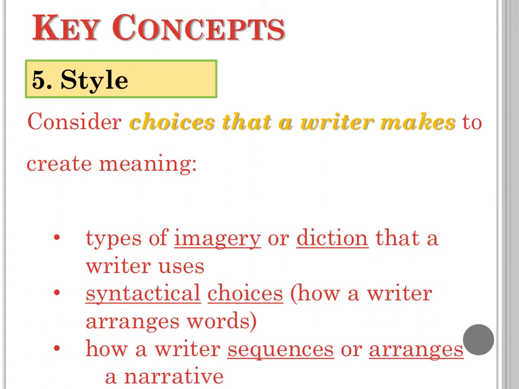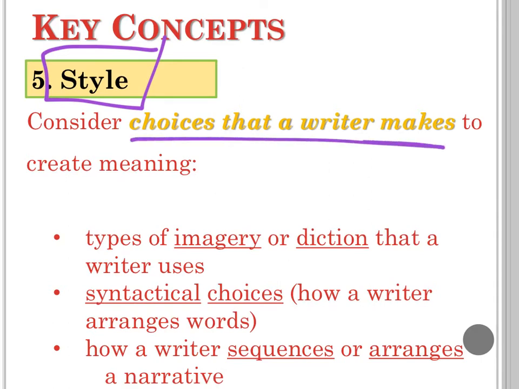A more sophisticated topic would be to focus on style. When you choose a style topic, you're really thinking about the choices that a writer makes when they write this play or this poem or this novel. Are there particular types of images, particular words that you see them use over and over again?